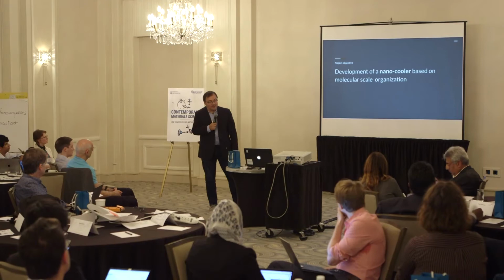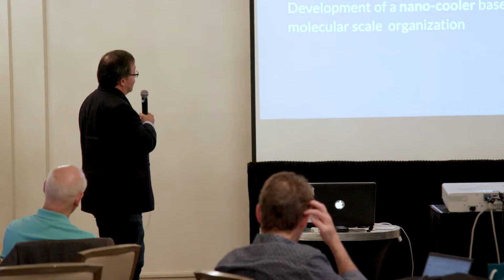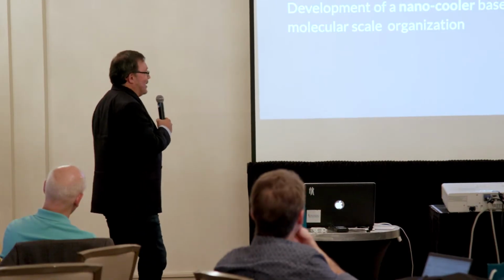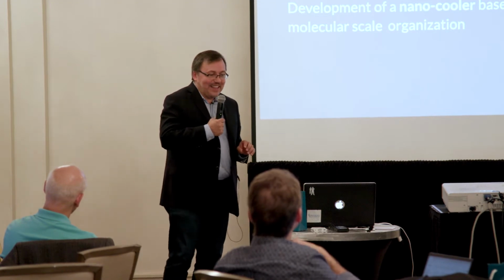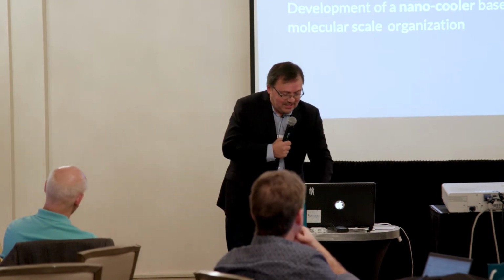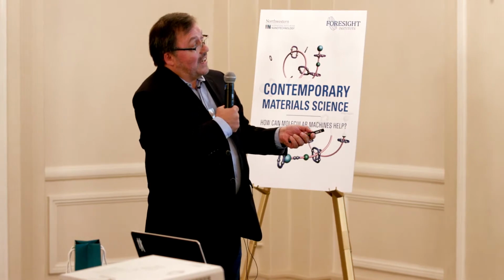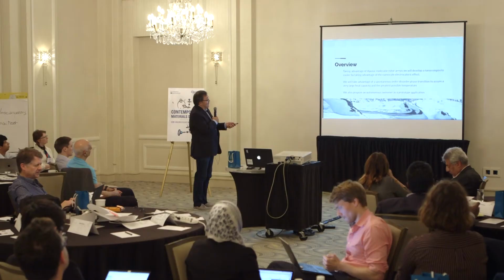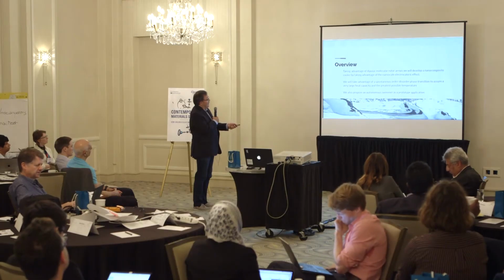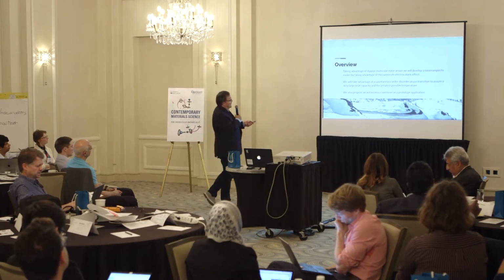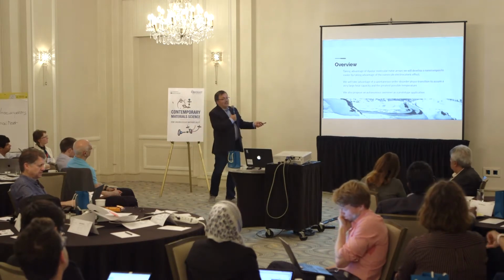The objective of our project would be, as it says there, the development of a nano-cooler based on molecular scale organization. I don't think there is a previous example of that, so we'll see how that works. The idea is that we will take advantage of the dipolar molecular rotor arrays, and we will develop a nanocomposited cooler by taking advantage of the nanoscale electrocaloric effect.